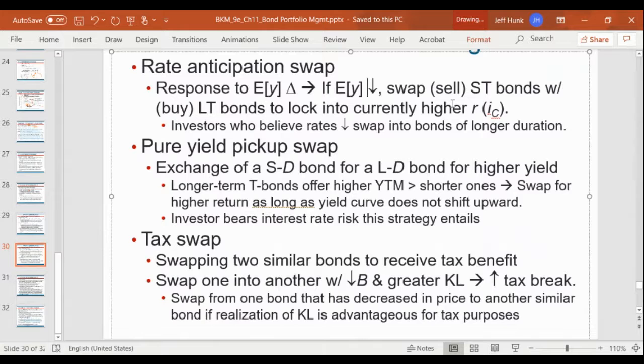Well, what you do is you sell your short-term bond holdings, the ones you currently hold, and with the proceeds, buy long-term bonds to lock into the currently higher return.